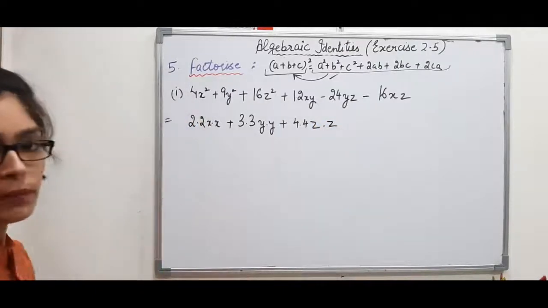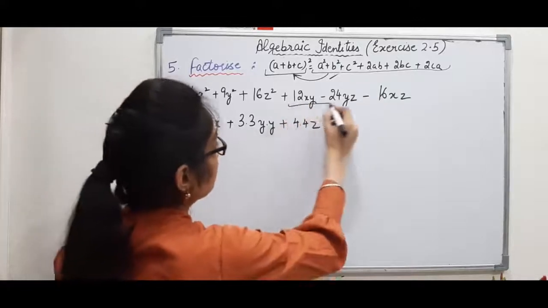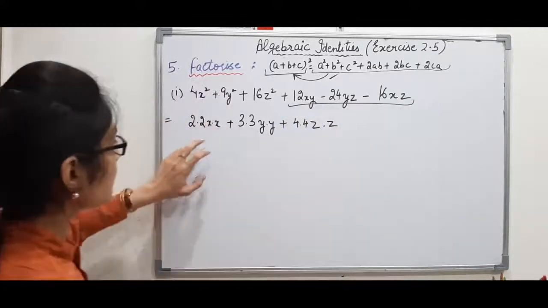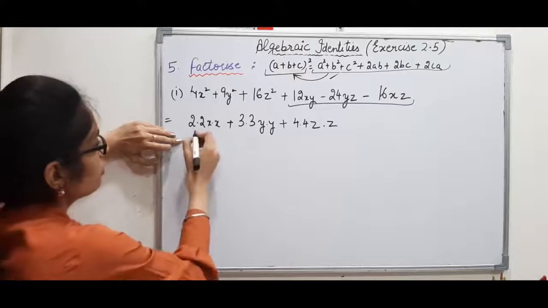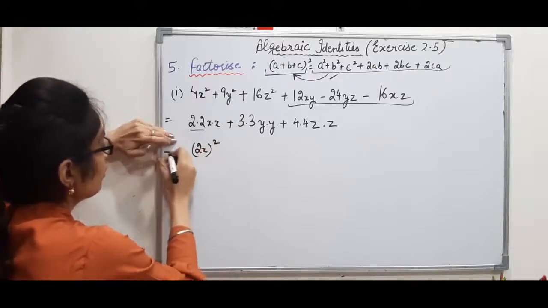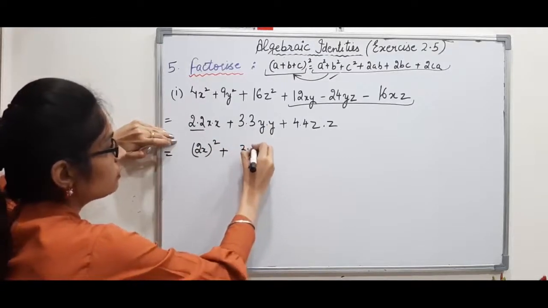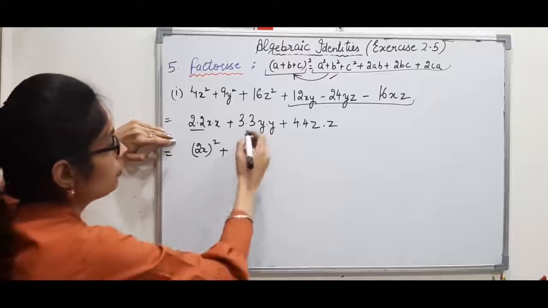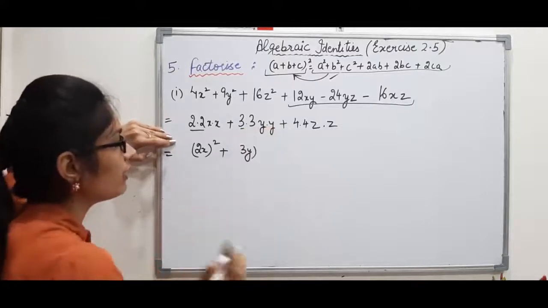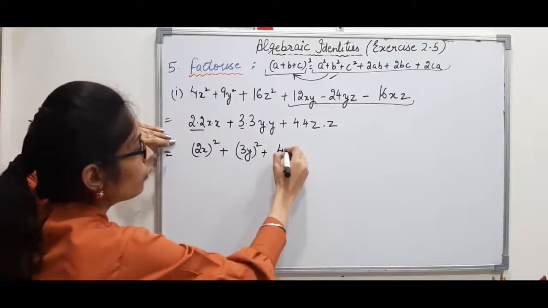So only in simpler form I have written. So this will be equal to 2x whole square plus 3y whole square plus 4z whole square.